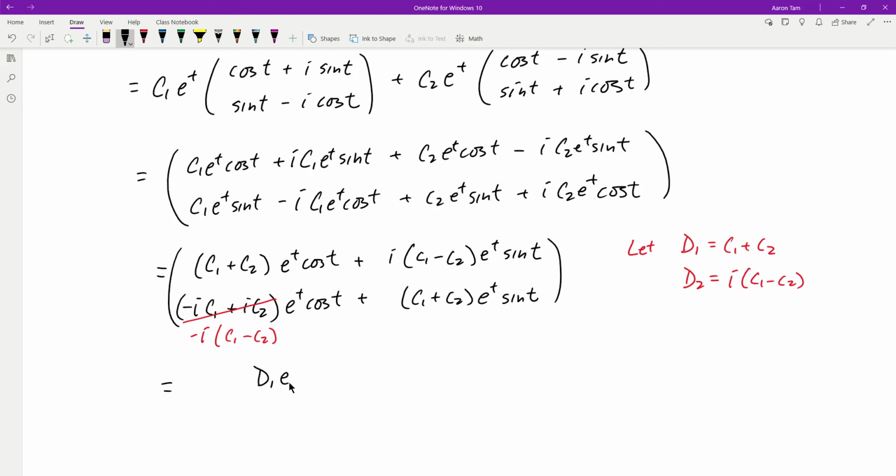It is d1 e^t cosine t plus d2 e^t sine t for my first one. My second one, this is negative i, so it becomes negative d2 e^t cosine t plus d1 e^t sine t.